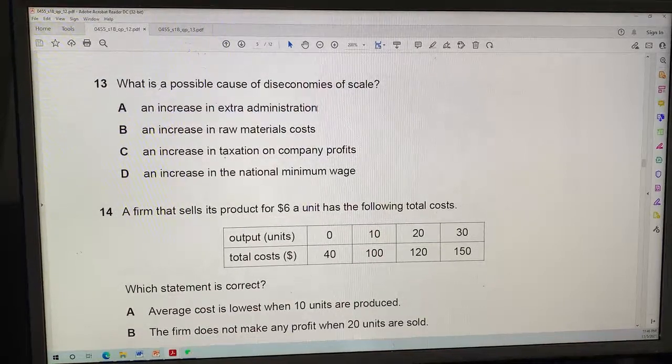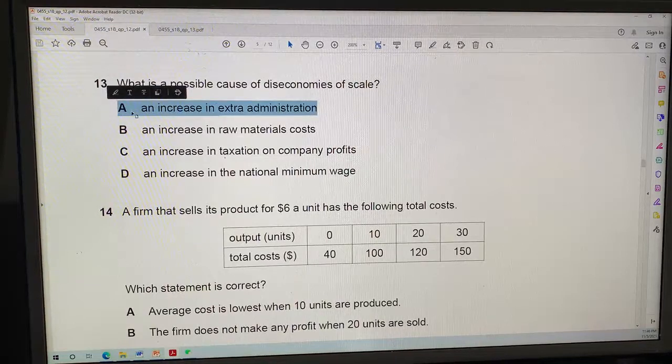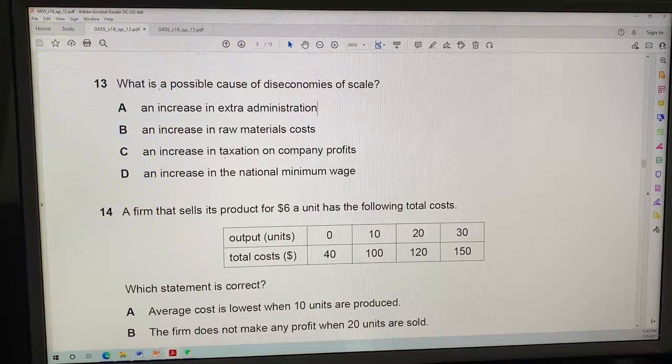That is probably true because managing a very large firm requires many people. So A is probably true. And extra administration is employees who manage. They might be high level, vice presidents, general managers, but that's probably a cause of diseconomies of scale.